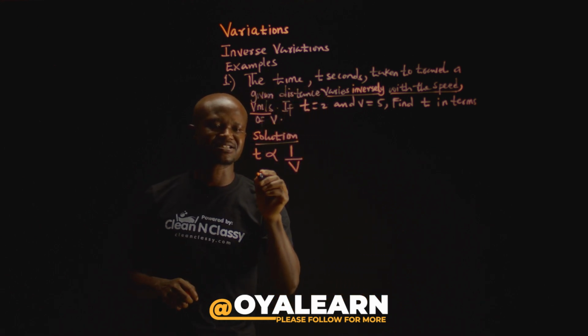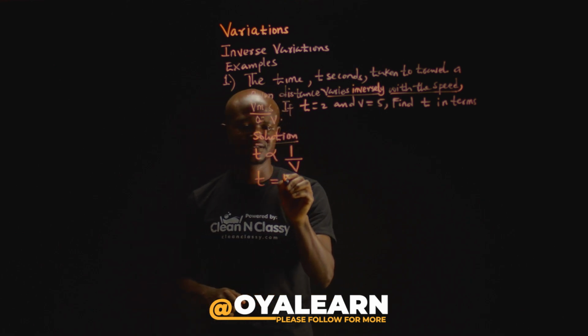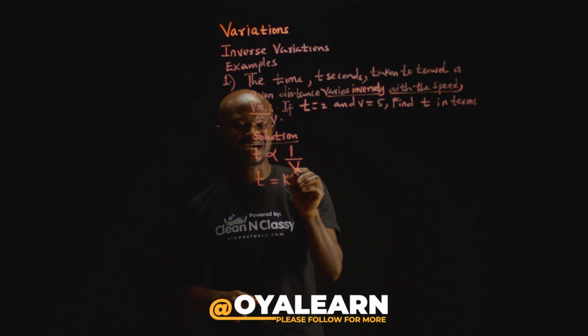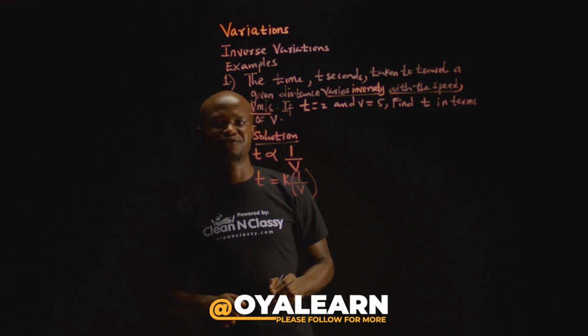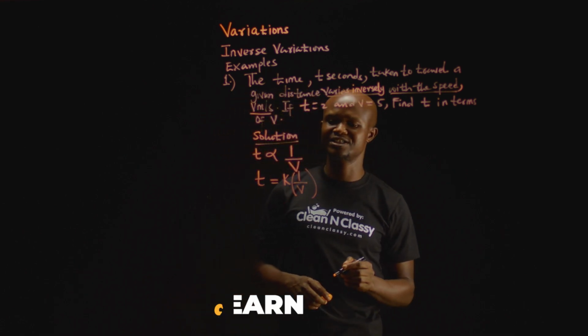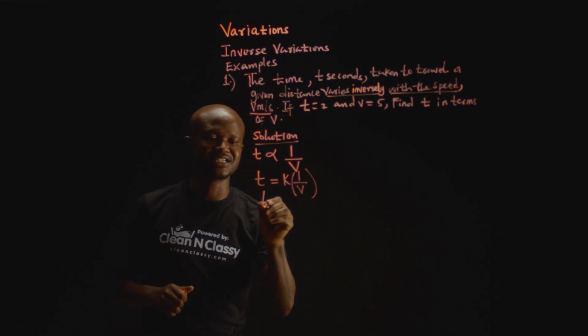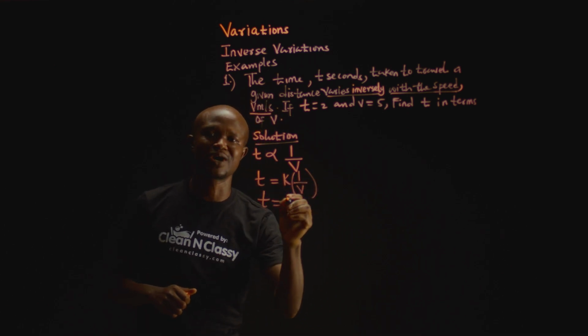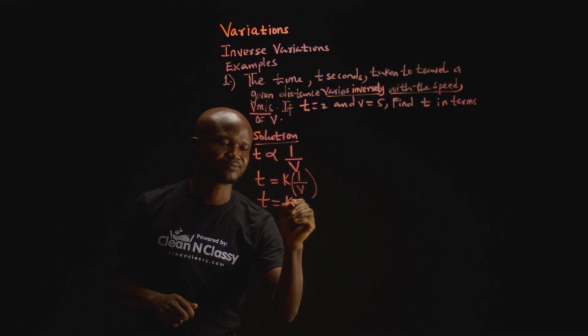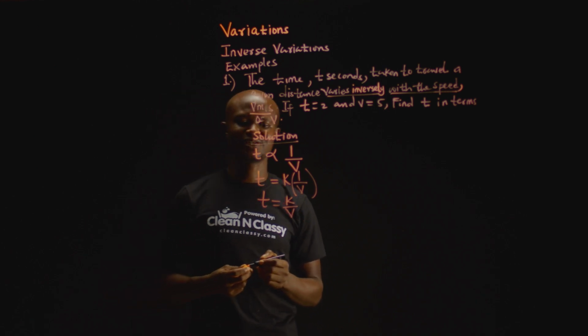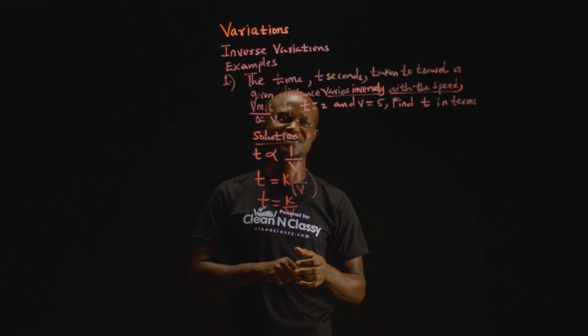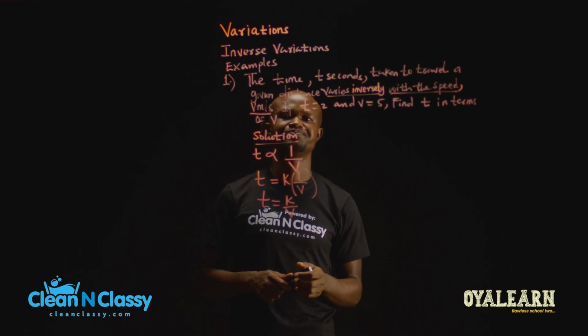So t will be equal to the constant k times 1 over v. That's k divided by v. We now have t equals k divided by v.